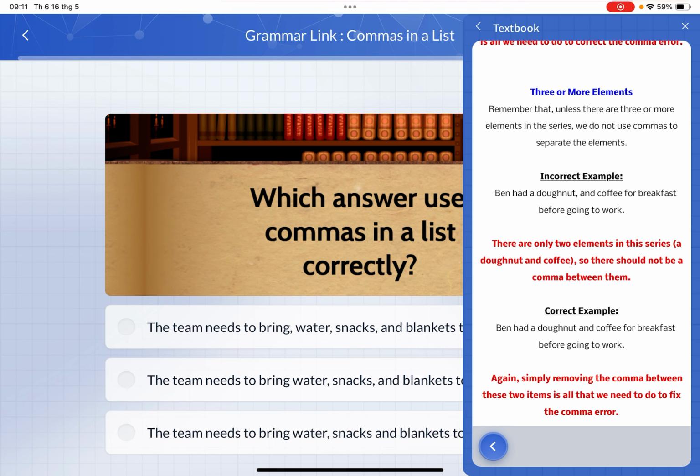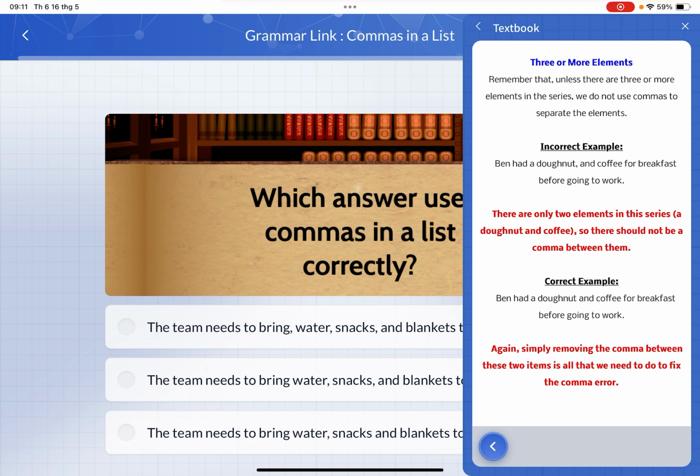A lot of people make mistakes when they use commas. As you know, there must be three or more elements to use commas, and if there are only two, we use the word and. Some people make mistakes, like writing "Ben had a donut, and coffee for breakfast before going to work."